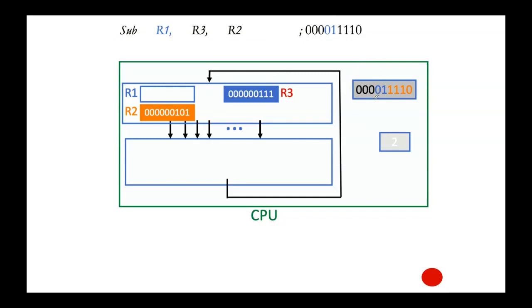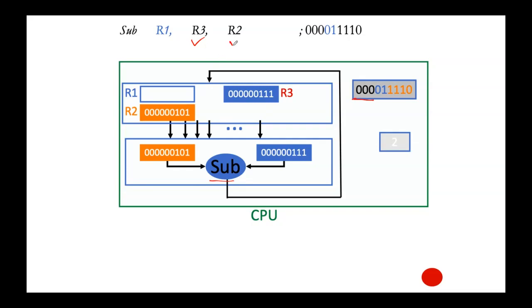Now from this instruction register, decoding will happen. That decoding is your subtraction. In the execution phase for this subtraction, it must provide two operands: the content of your R3 and the content of your R2. Then it performs the subtraction operation, and memory should be allocated for this result.